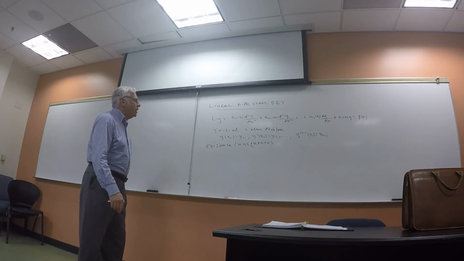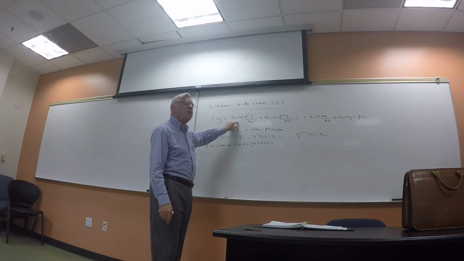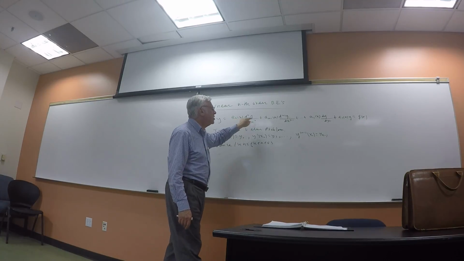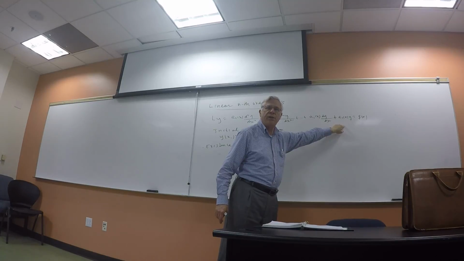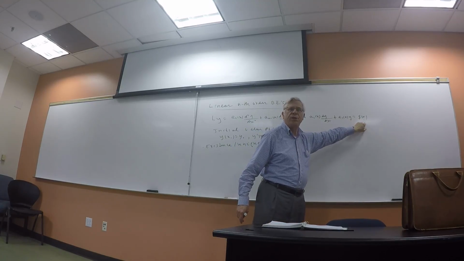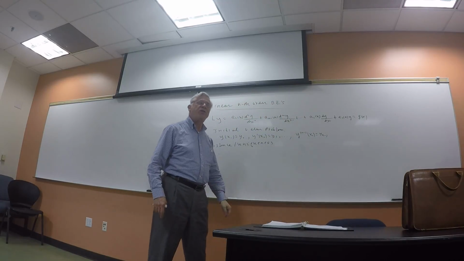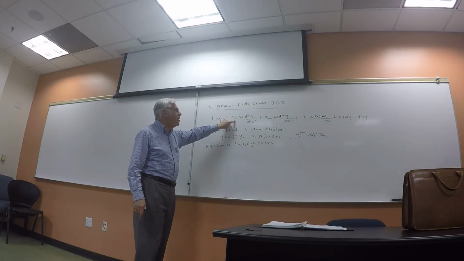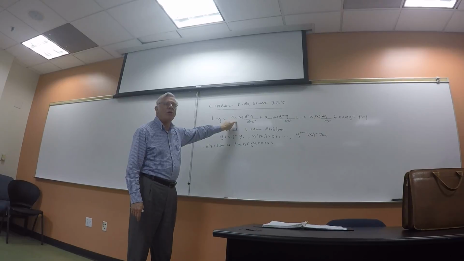In order to have a solution and for it to be unique, all the coefficients in the differential equation, a_n of x, a_{n-1} of x, all the way up to a_0, have to be continuous in that interval, and g of x has to be continuous. That's one thing. And then another thing, which looks kind of strange at this point, the coefficient of the highest derivative cannot vanish anywhere in the interval. That many times destroys uniqueness, and I'll give you an example of that.